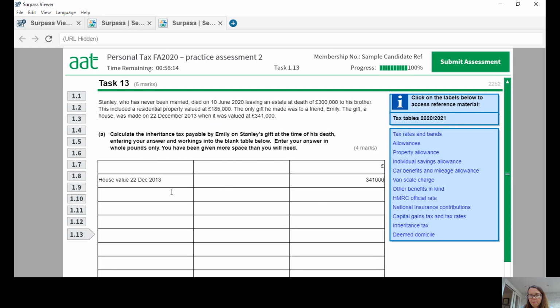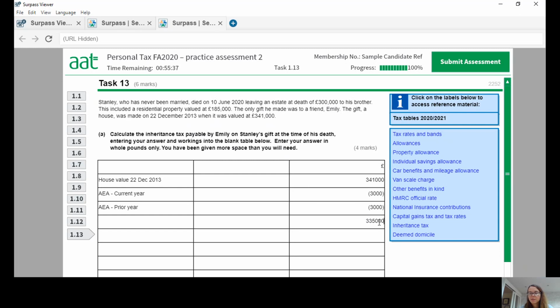So remember, when you're doing tax on something triggered by someone's death, the gift was made during their lifetime, so it would qualify for the annual exempt amount at that time. And it says the only gift he made. So he would have had the current year annual exempt amount available and the prior year annual exempt amount available to reduce the chargeable transfer value of the house.